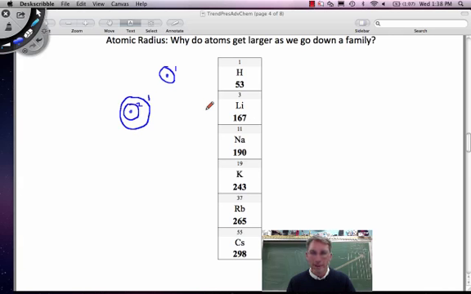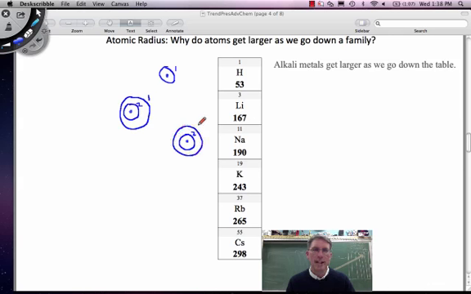Sodium's got 11, so going with Bohr again, we're going to have a nucleus with 11 protons. We'll have an inside ring with 2, then a second ring that has 8 electrons, and we're going to need a 3rd ring that has 1 electron in it. So as we head down the table, you can see why the atoms are getting bigger. It's because we're getting more rings.